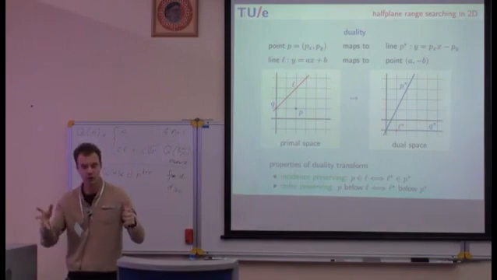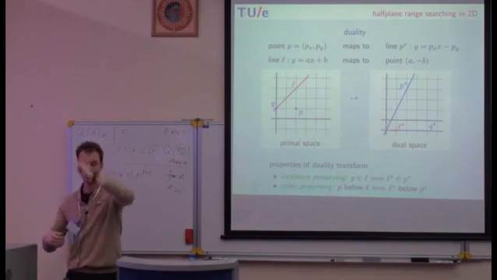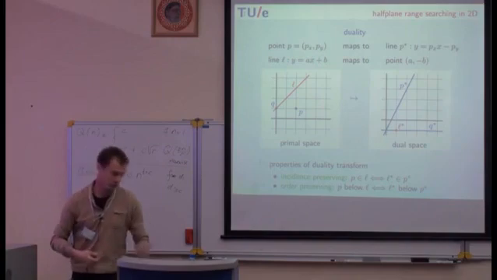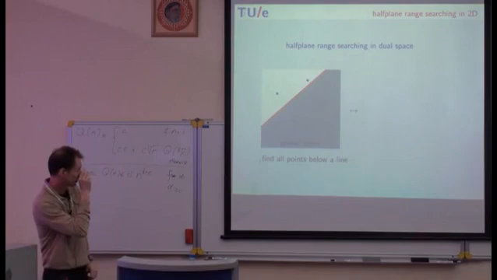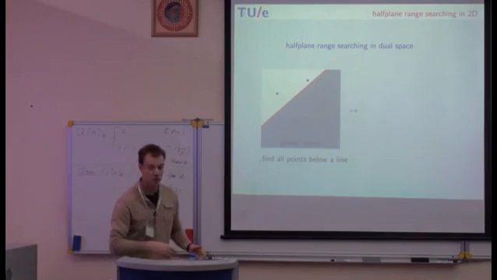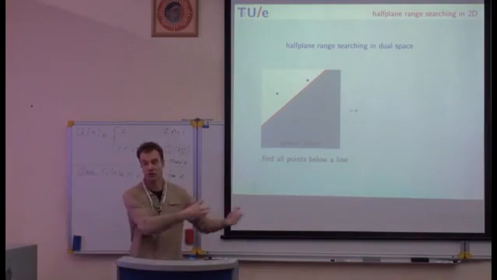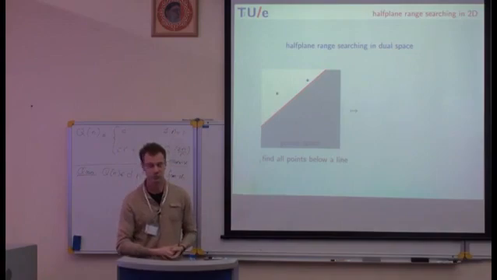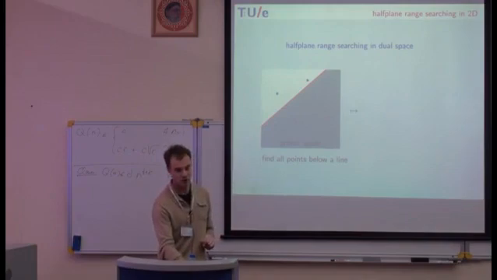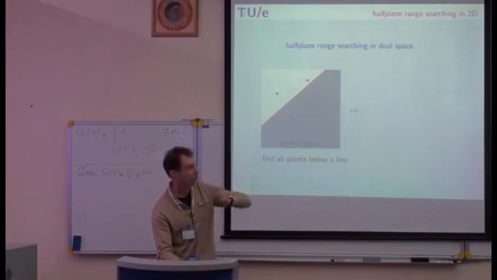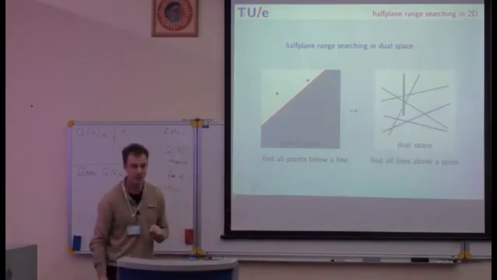So I have a set of points, and I want to, let's say, count the number of points below a line. Okay, so what happens if I look at this in the dual space? Well, instead of a set of points, I now have a set of lines. And instead of all the points below the line, I want to find all the lines actually above a point, right?